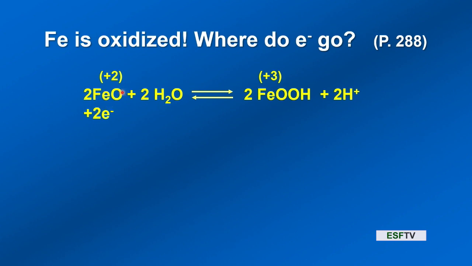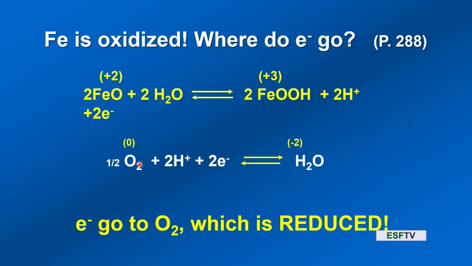Iron is oxidized, but where do those darn electrons go? In this case, oxygen. There's oxygen in the system. Oxygen takes the electrons and is reduced to water, and this is an aerobic system. Iron is oxidized, oxygen takes the electrons, and oxygen itself is reduced.